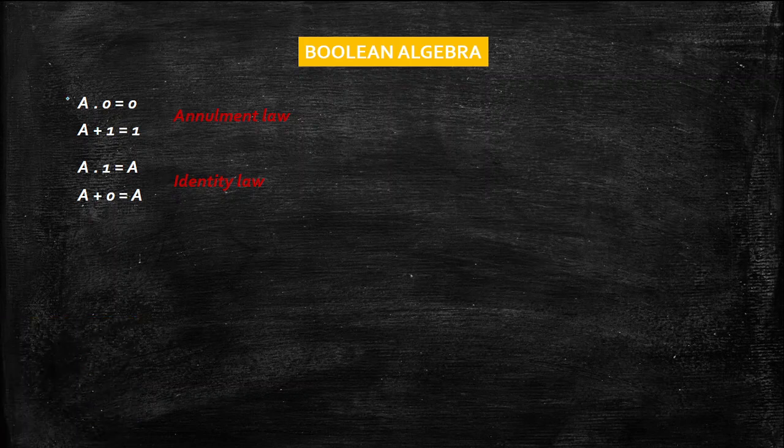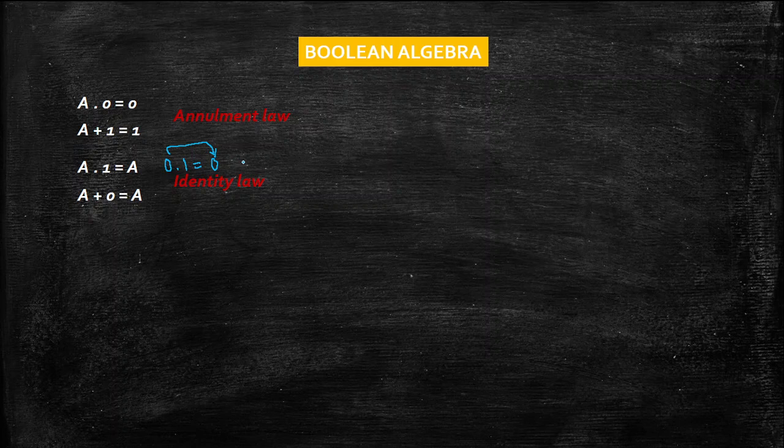For example, if a is equal to 0, then a dot 1 is 0 dot 1, and you already know that in AND logic, 0 dot 1 is always 0. So whatever a I have assumed is what I get at the output, a.